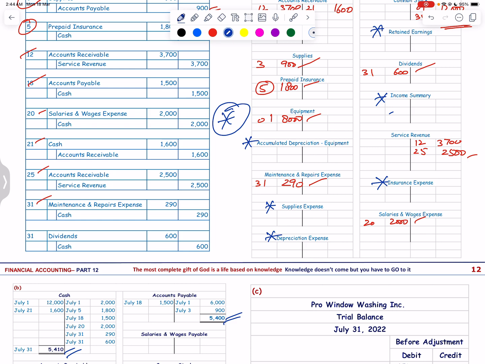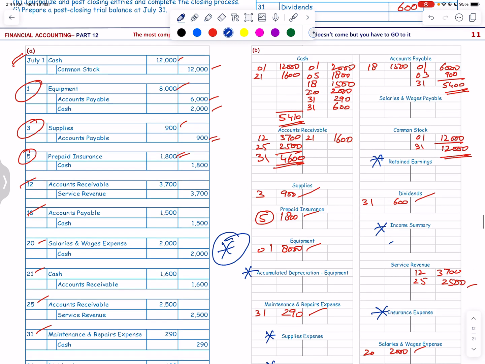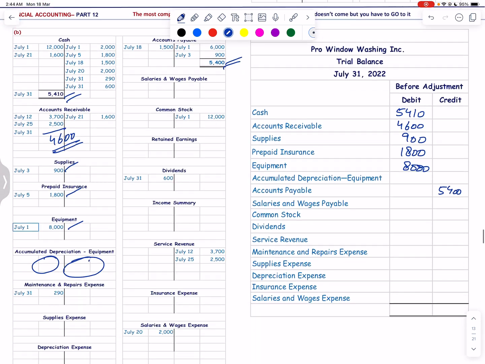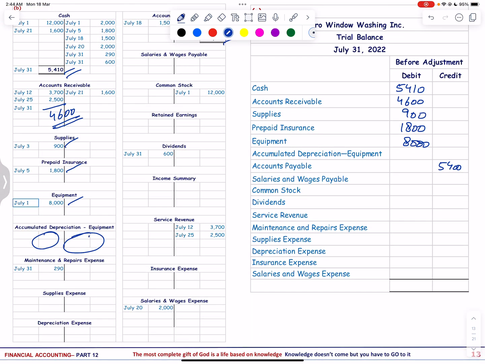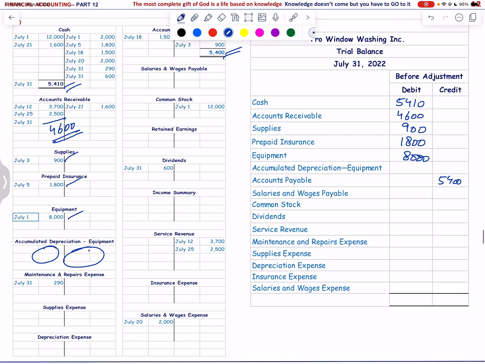You can see nothing is there for the salaries and wages payable. Then common stock is 12,000, it has a credit balance. Dividends is debit for 600. Service revenue, if we make the total, will be 6200.